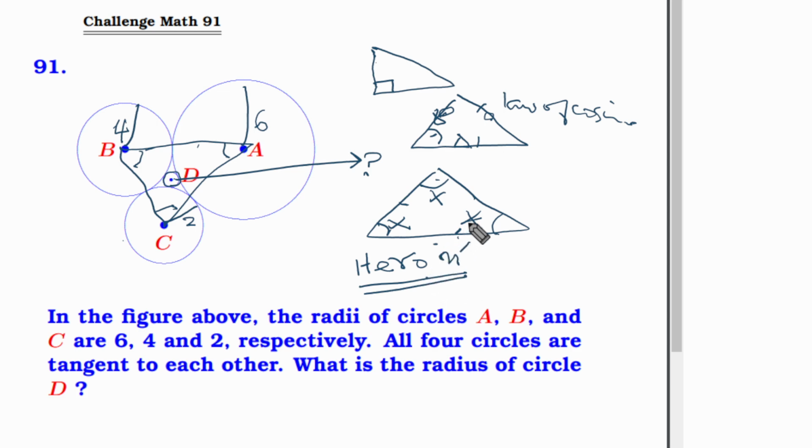A long time ago when I gave a lecture on figures, we studied that, but I don't think all of you saw my lecture at the time. So you find Heron's theorem, and then you apply the equation to get the radius of circle D. Okay, see you next time. Thank you for watching my video.